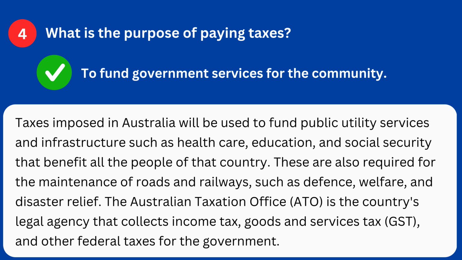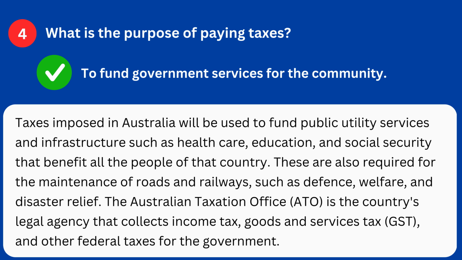Explanation. Taxes imposed in Australia will be used to fund public utility services and infrastructure, such as health care, education, and social security, that benefit all the people of that country.